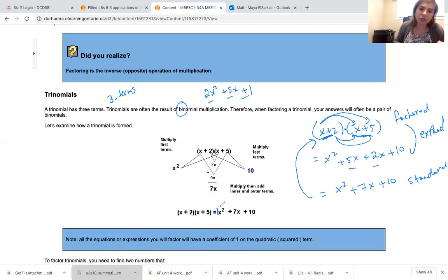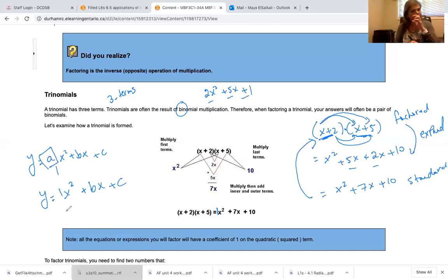So the leading coefficient is going to be 1. You remember how the standard form is y equals ax squared plus bx plus c. In grade 11 college math, all the a values are going to be 1. So the only ones we're going to learn how to factor look like this: x squared plus whatever b is, x plus whatever c is, where your a term is 1.